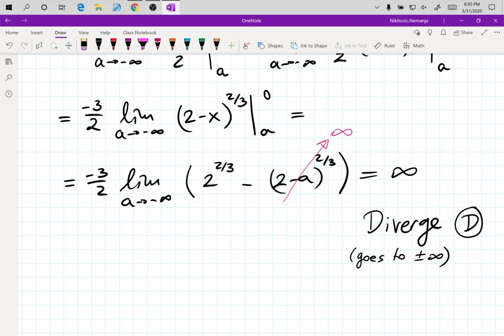So convergence and divergence in this case: we are looking for the final answer to be either a finite number, which is convergence, or positive or negative infinity, which is divergence.